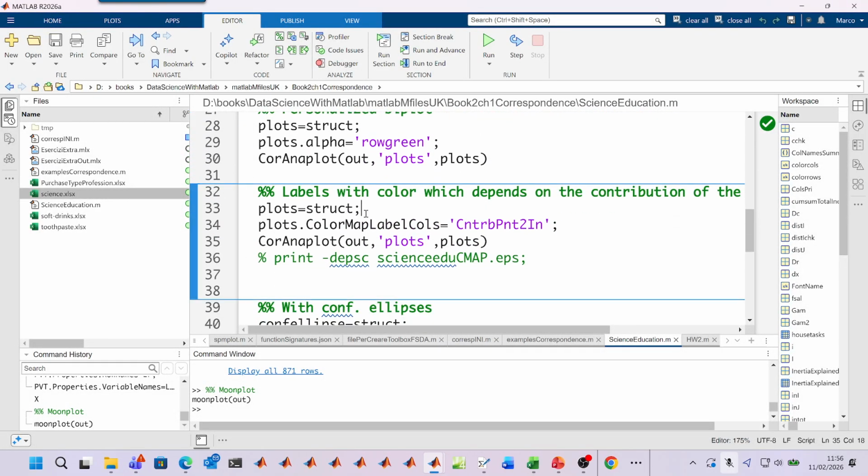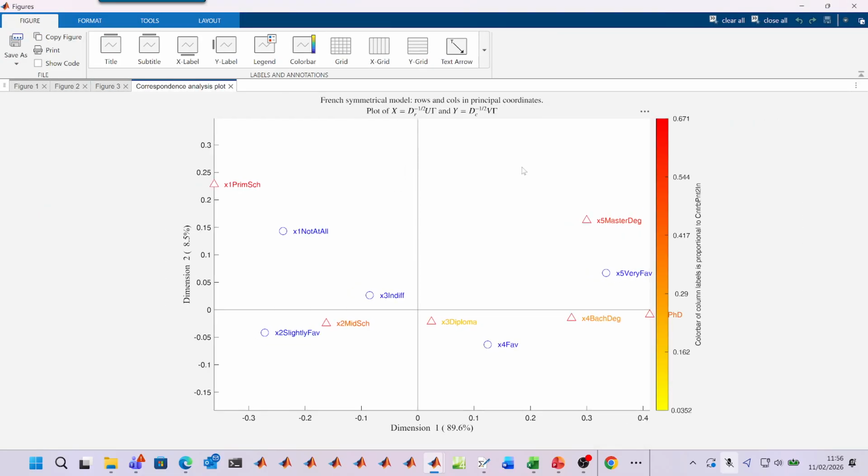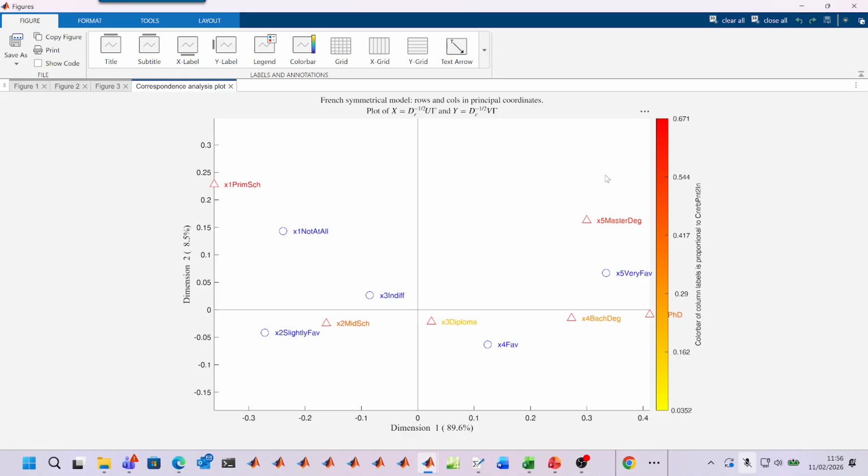Then, if you apply this function corrplot, you can have a color bar of column labels, which is proportional to the contribution that each point gives to the inertia.